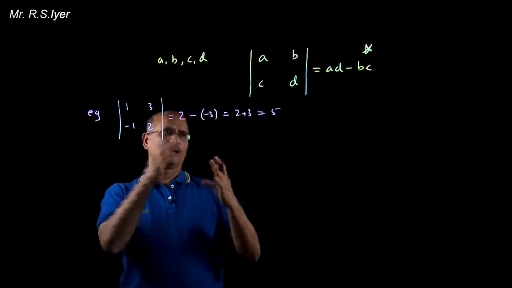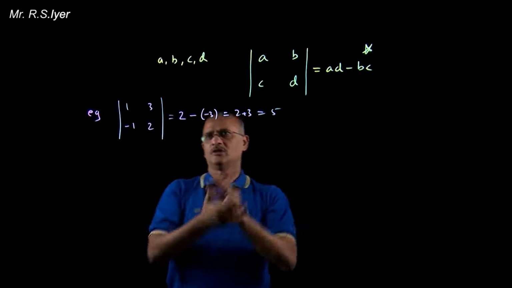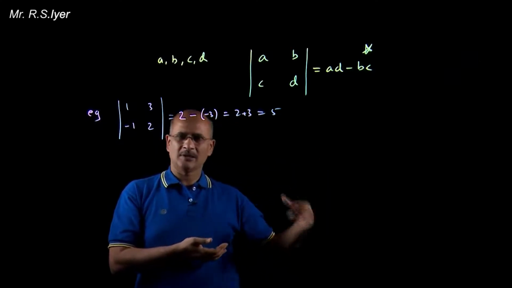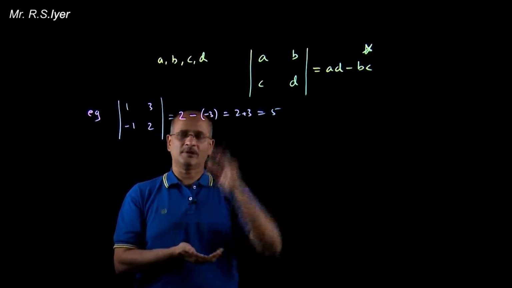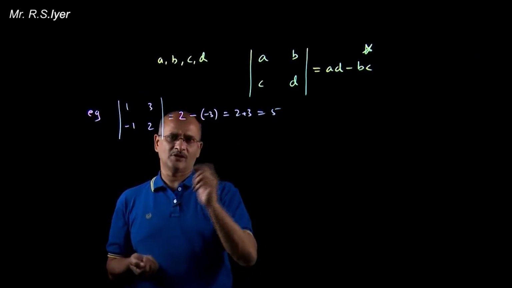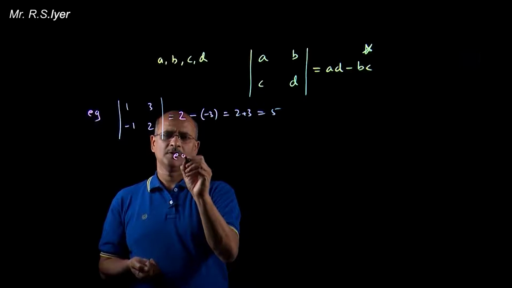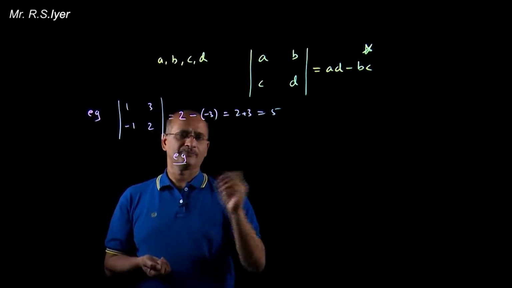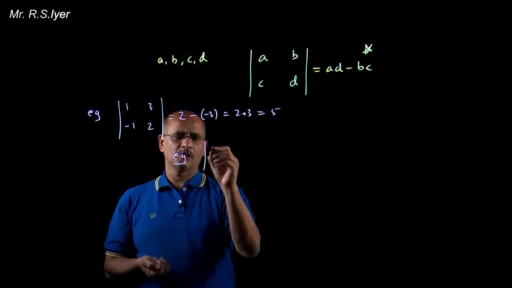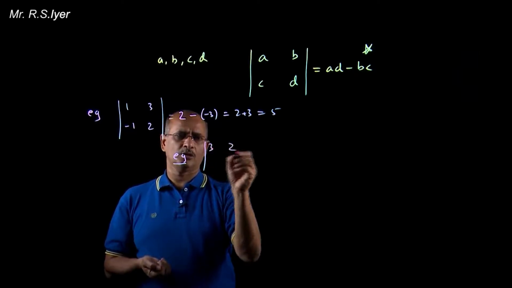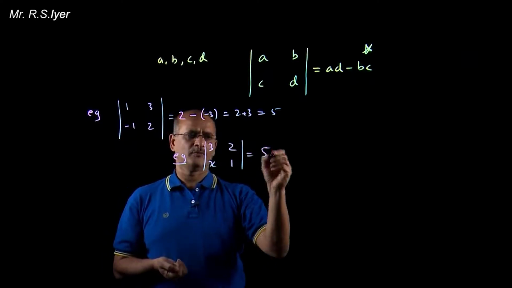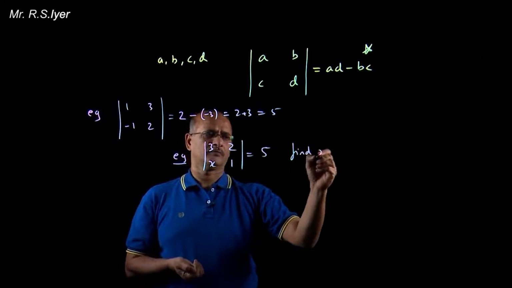Now what types of things do we look into with this determinant of order 2? Then we will come to order 3 and further concepts associated with this topic. The type of sum which will come up might be of this nature. For example, evaluate this determinant if 3 2 x 1 is equal to 5, they will say find x.